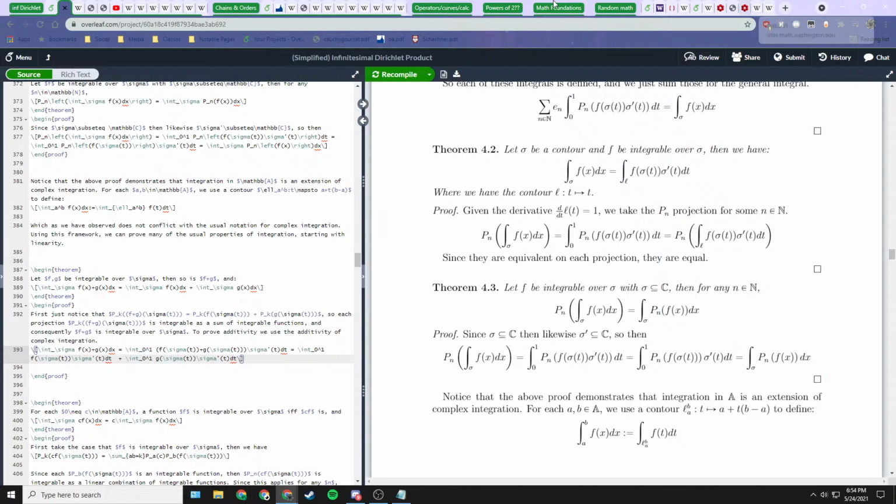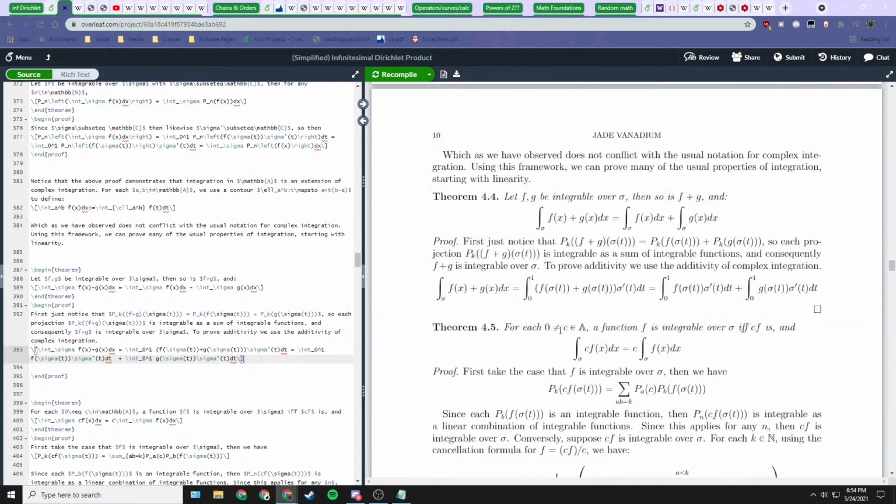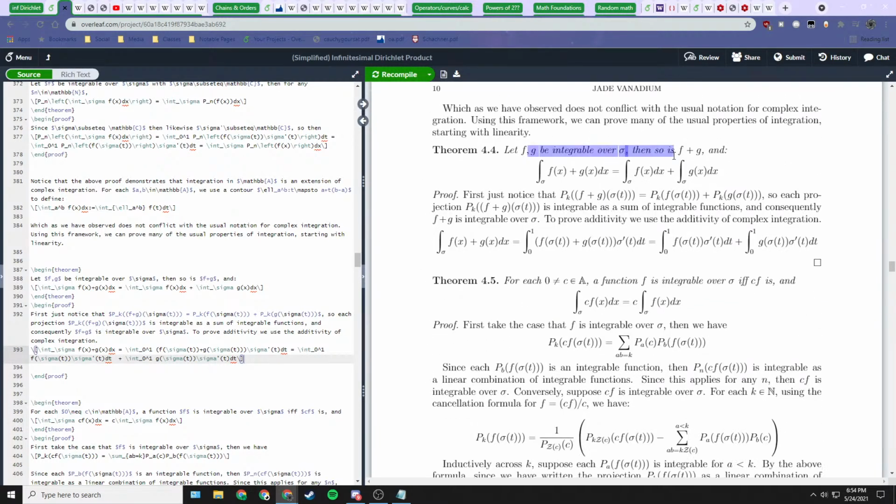Let's make sure I got that right. Where is that? I'm not looking at it, it's right here. So we have sigma f plus g, we use the substitution formula, distribute and separate.